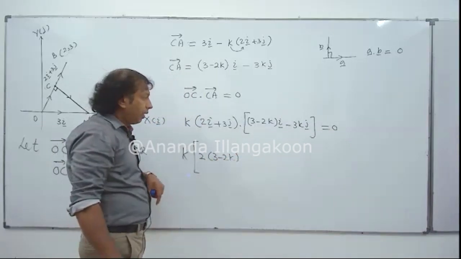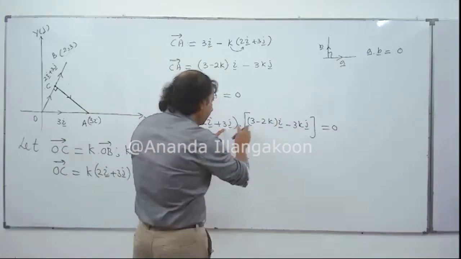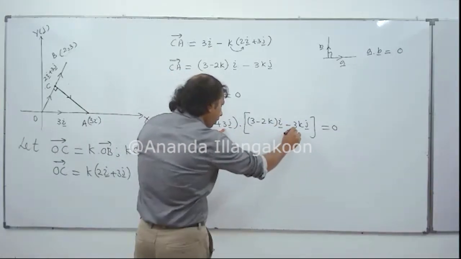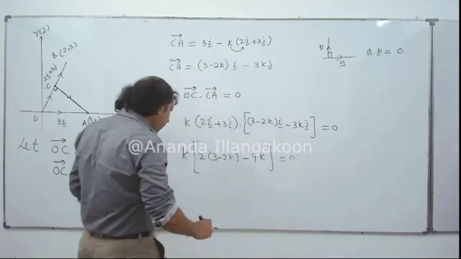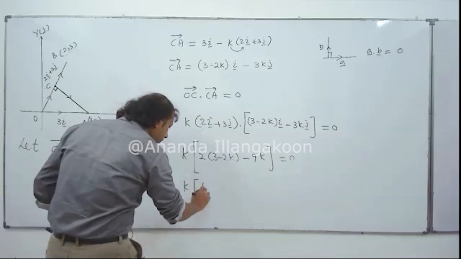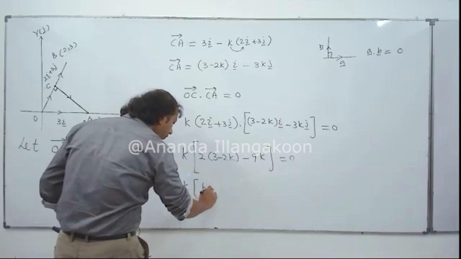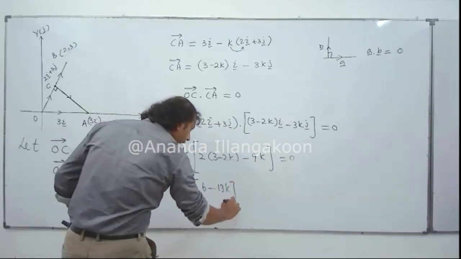And multiply the j coefficients: 3 times minus 3k, that is minus 9k, equals 0. Removing the bracket, 6 minus 4k minus 9k gives 6 minus 13k.